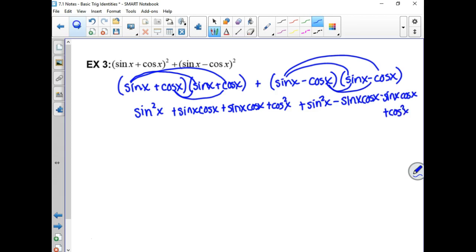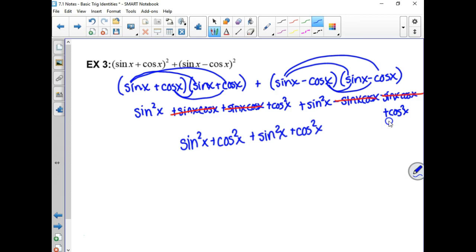So you should notice here I have a positive sine x cosine x, and over here I have a negative sine x cosine x. Those are going to cancel. I also have another set of those that will cancel as well. So that leaves me with sine squared x plus cosine squared x plus sine squared x plus cosine squared x.